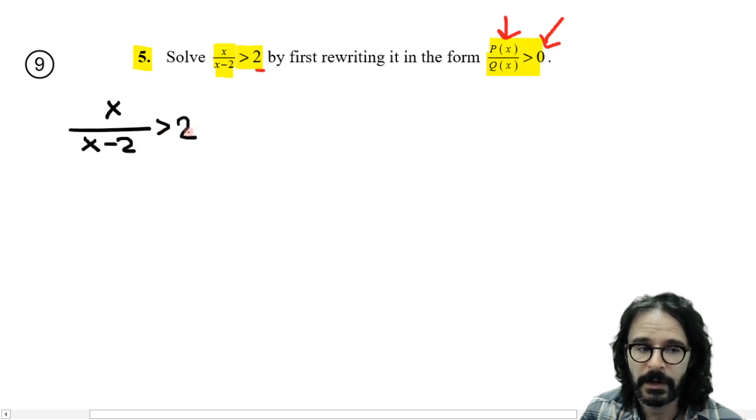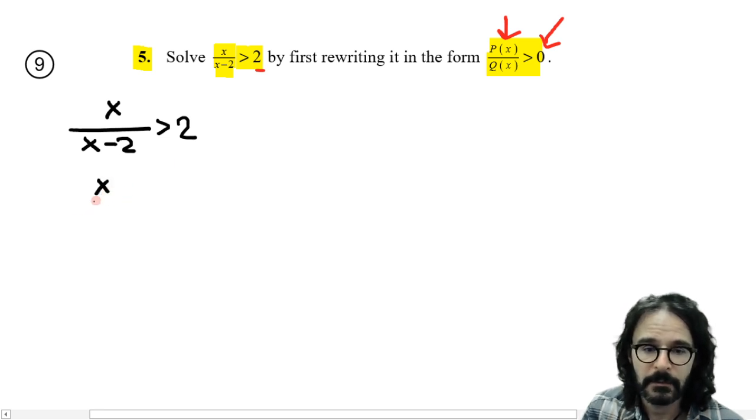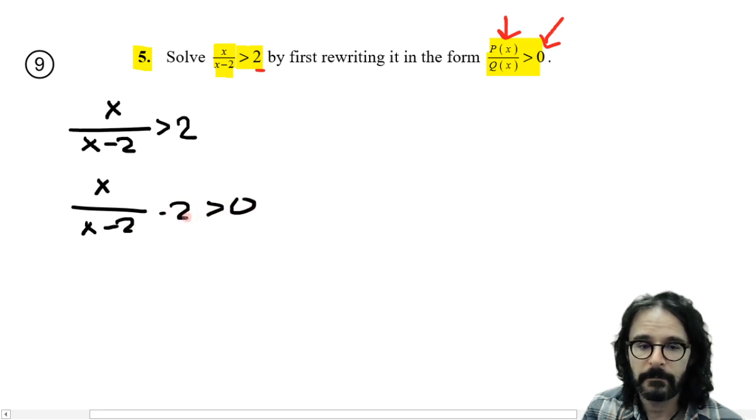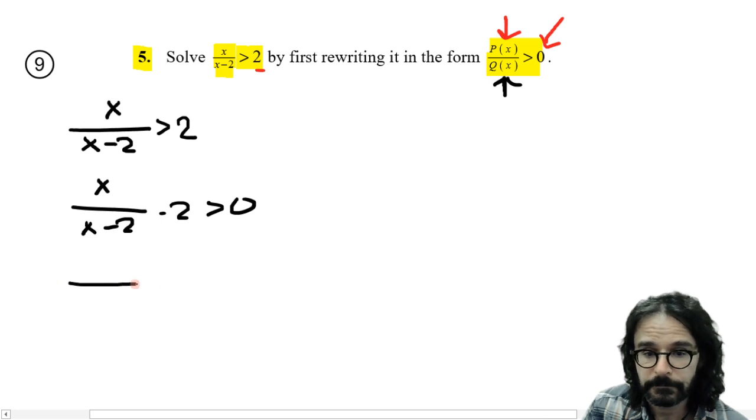We want 0 on the right hand side, so just subtract 2 from both sides. So we get x over x minus 2 minus 2 is greater than 0. The left hand side they want to be a quotient. Right now we have a quotient minus 2, so we want to put this on a single division line. We need a common denominator.